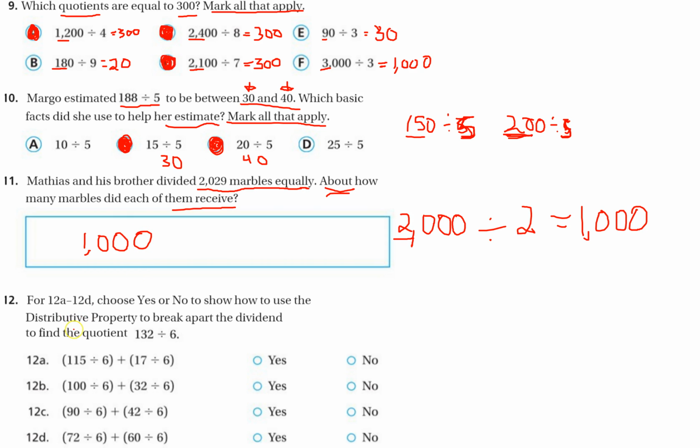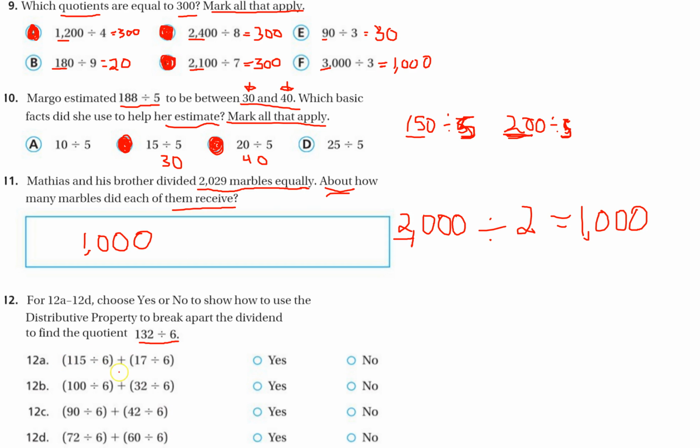All right, number 12. Choose yes or no to show how to use a distributive property to break apart the dividend to find the quotient for 132 divided by 6. Well, we can break up 132 however we want. However, you want to make sure that 6 will go into both of the numbers that you break up the 132 into evenly.